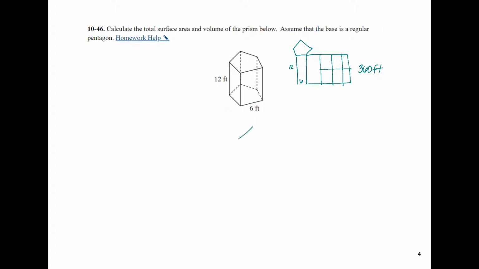To find the surface area of our base, we know that half of this is 3. If we take 360, divide that by 5, we get 72. If we divide that by 2, we know our smaller angle right here is 36 degrees.